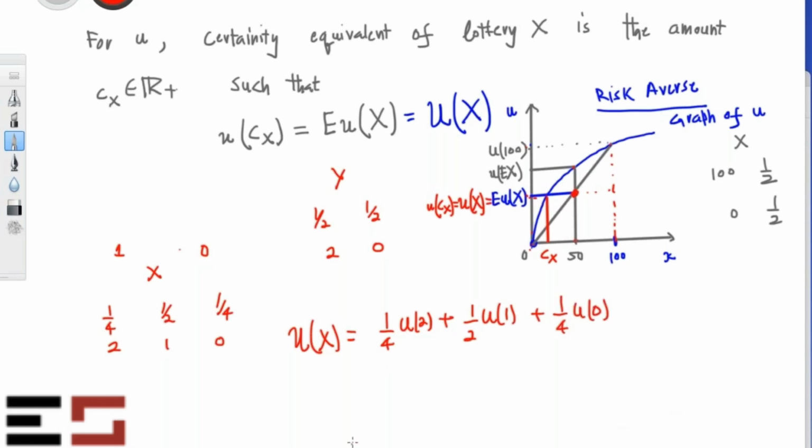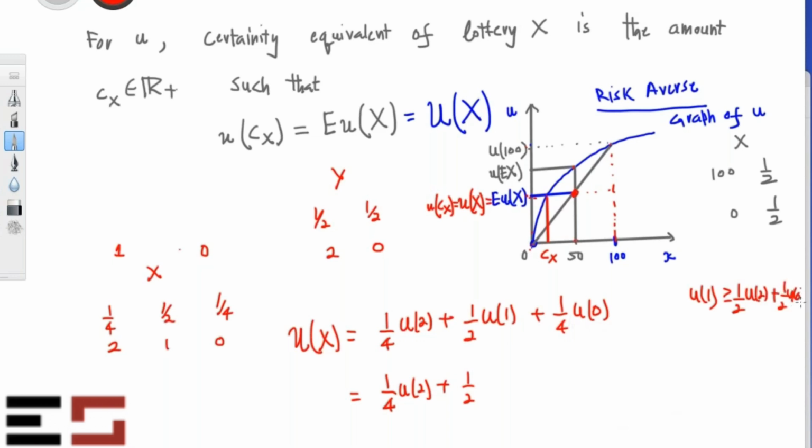Do you agree? That's the utility associated with this lottery. Now what I'll do is the following. By the way, do you agree U1 is greater than or equal to half of U2 plus half of U0?